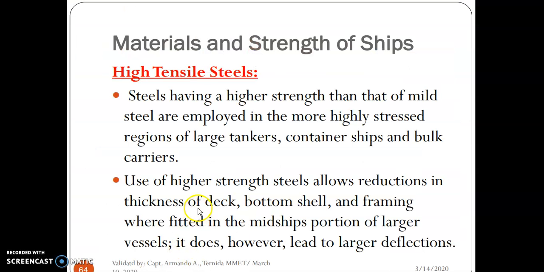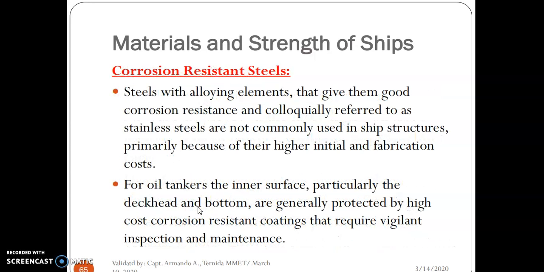Okay, then we have another, the corrosion resistant steel. Steels with alloying elements that give them good corrosion resistance, colloquially referred to as stainless steel, are not commonly used in ship structure, primarily because of their higher initial and fabrication cost. Mas mahal ang stainless steel. For oil tankers, but for the passenger ships and yachts, yung mga yate, mostly stainless.